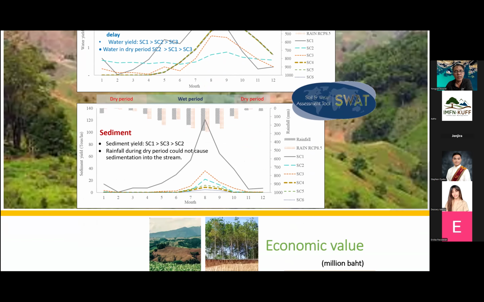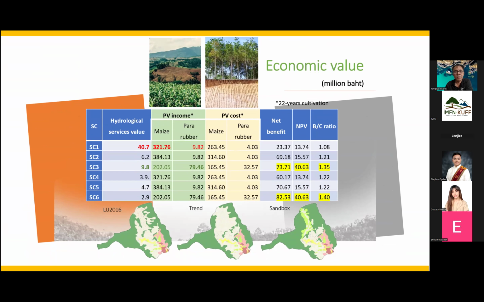and the soil erosion. But not only the nature or the water and the sediment, in this research we also incorporate an economic component. So which type of land use provides the highest economic return?